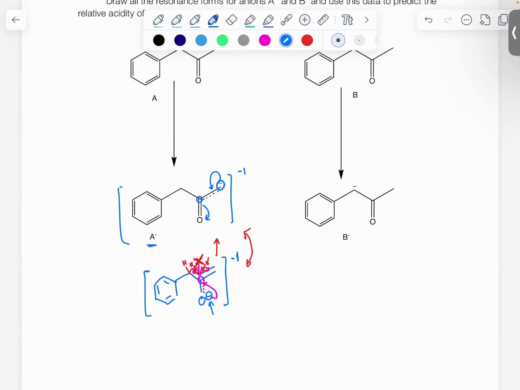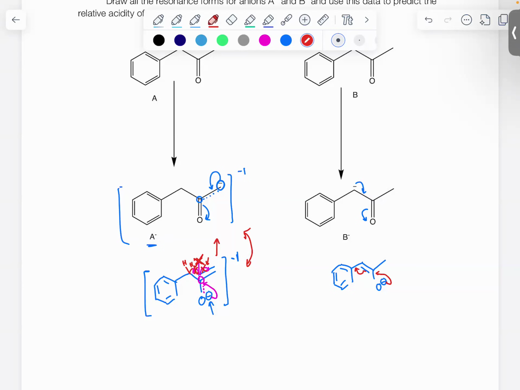Now, looking at structure B, we can do the same thing we did with structure A, where we push those electrons up onto the oxygen. And we get an alkene here with that negatively charged oxygen. But now, when I push electrons back down, I can, oh, my pencil turned off.